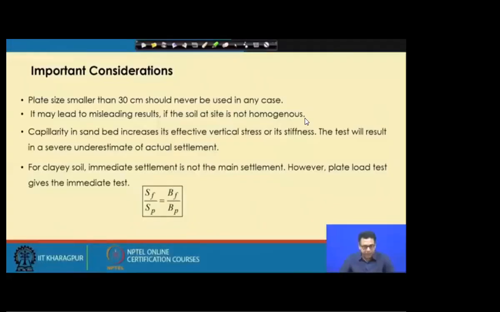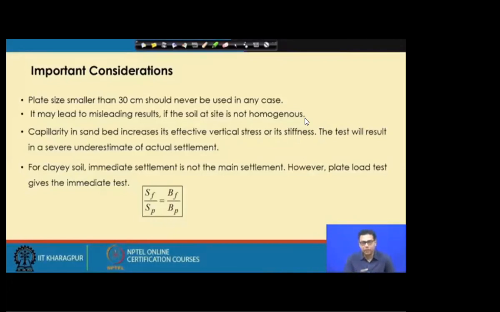And then, capillary action in a sand bed increases its effective vertical stress or stiffness. So, the test will result in a severe underestimate of the actual settlement. If there is capillary action, you have to keep these things in mind, because your result will severely underestimate the actual settlement. So, you have to take care in that case.